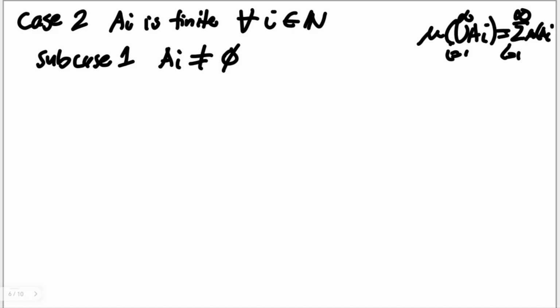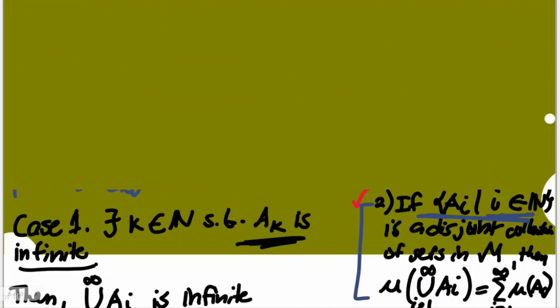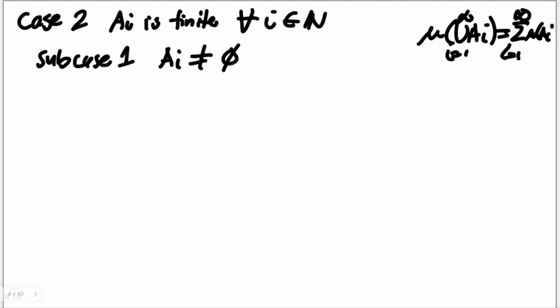This is subcase number 1, because we have to establish the second condition for finite situations. Again, finite situations have two portions. So we'll have this first part.